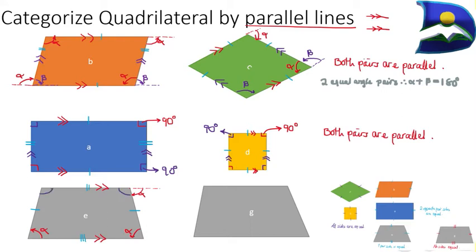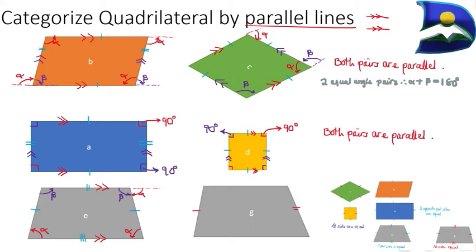The angle beta is equal to each other, and the sum of those angles is equal to 180 degrees, because the two angles, beta and alpha, share the same straight line right there.